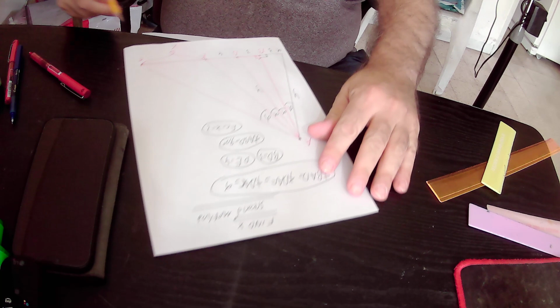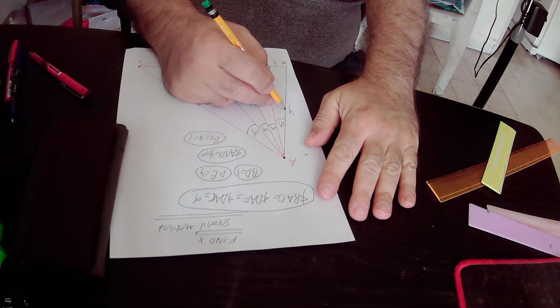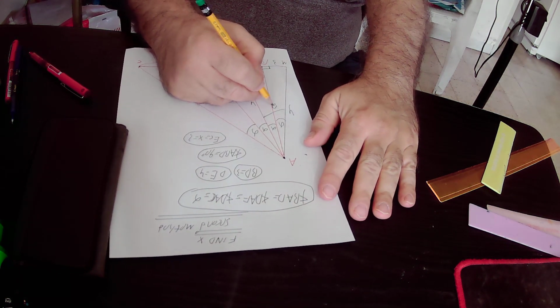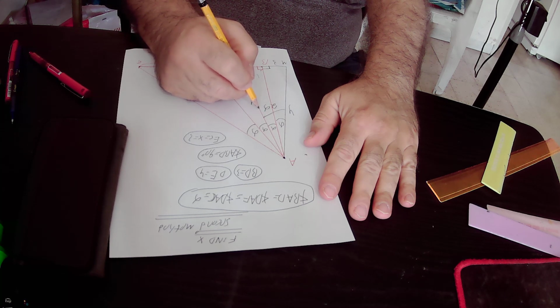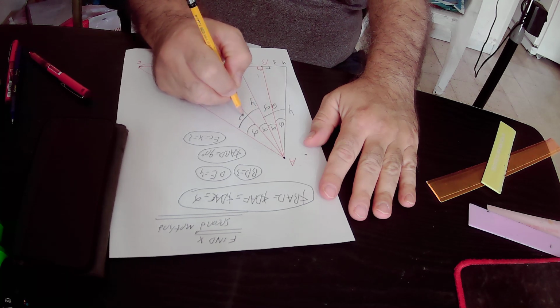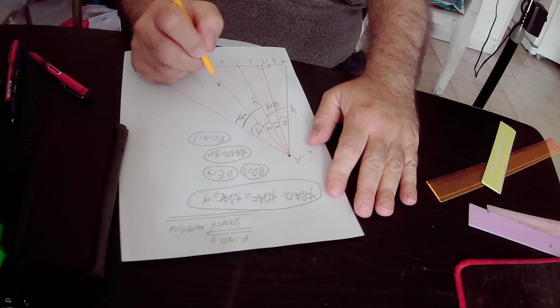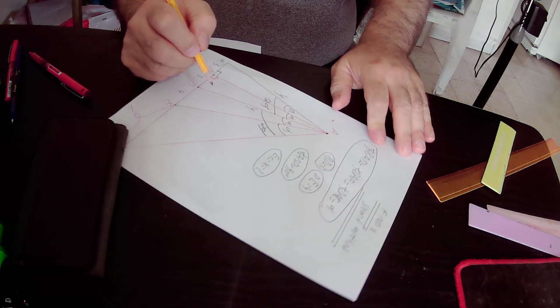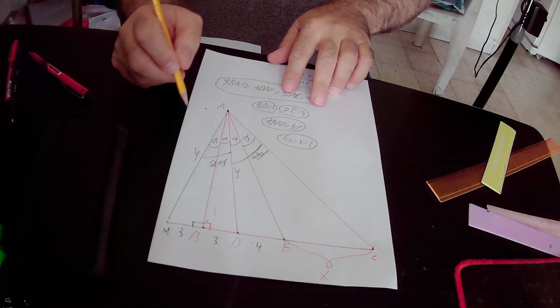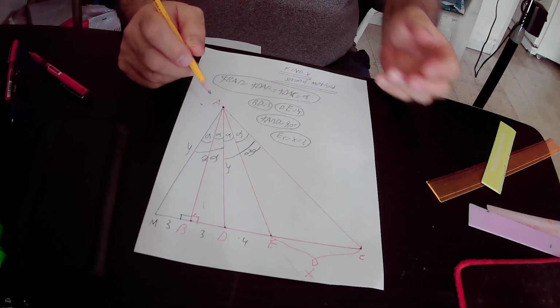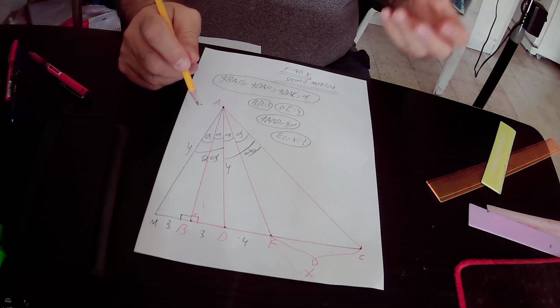The first part is alpha, and the second part is also alpha, so in total 2 alpha. Because angle bisector AD divides angle MAC into two equal parts, it is defined as angle bisector.